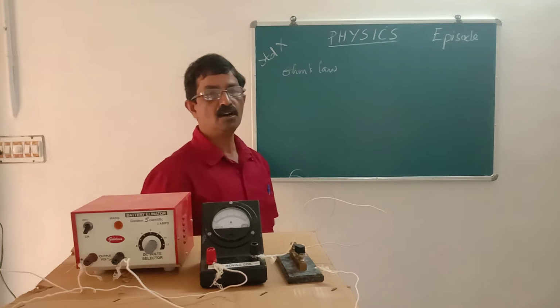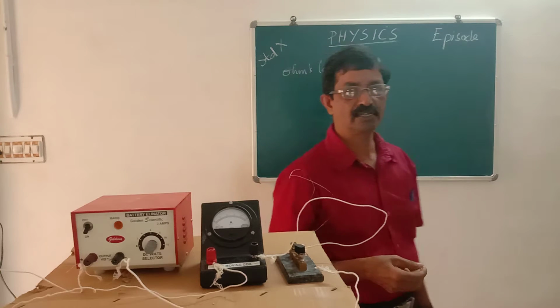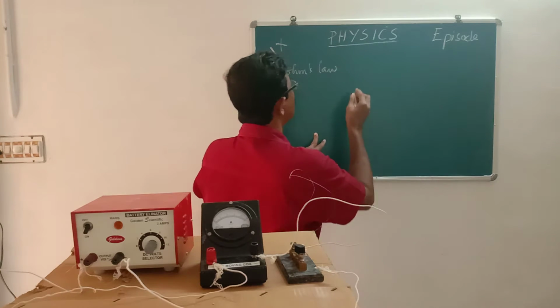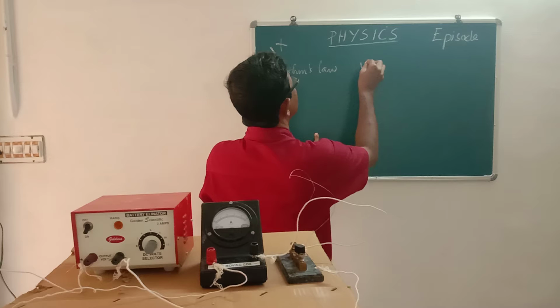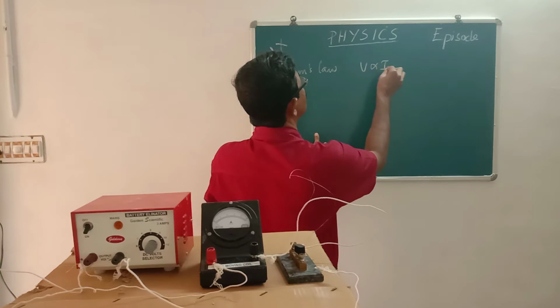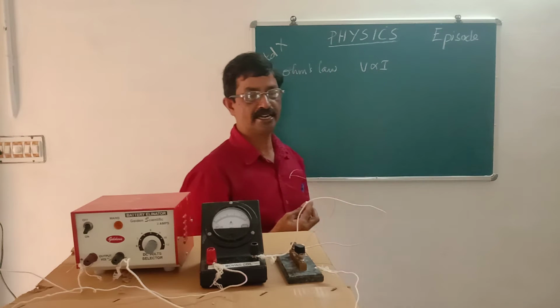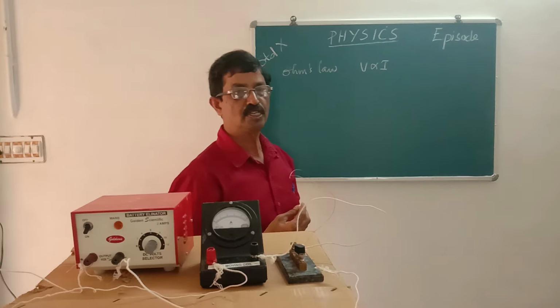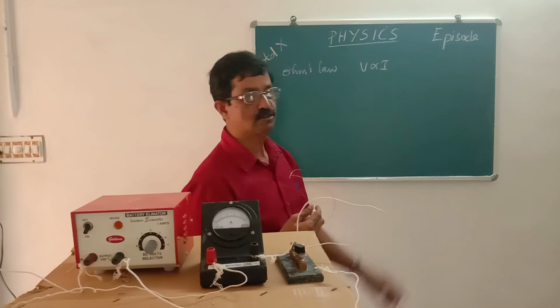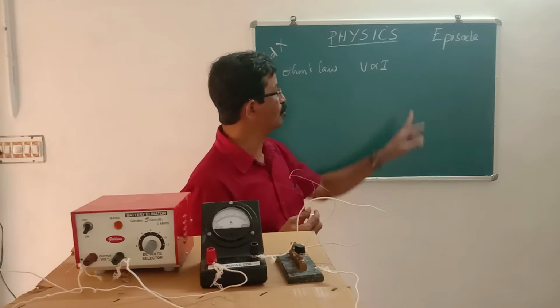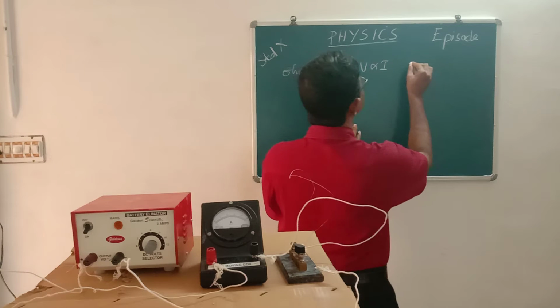From Ohm's law, we got that the potential difference is directly proportional to the current flowing through a conductor. That means V is proportional to I at a constant temperature.